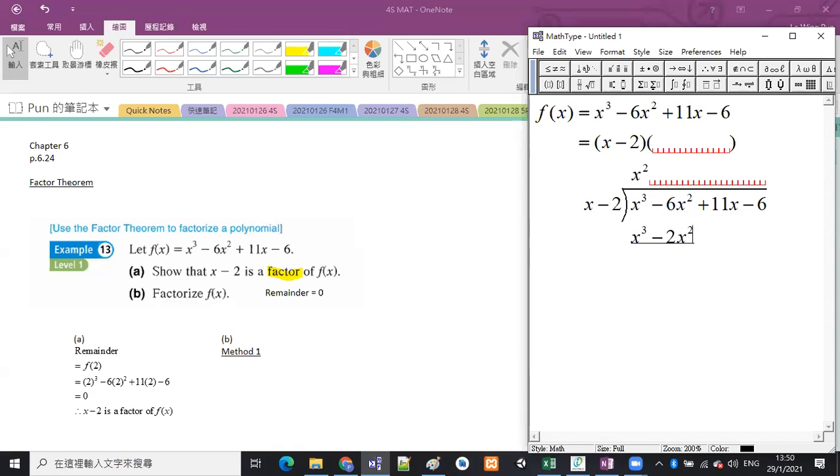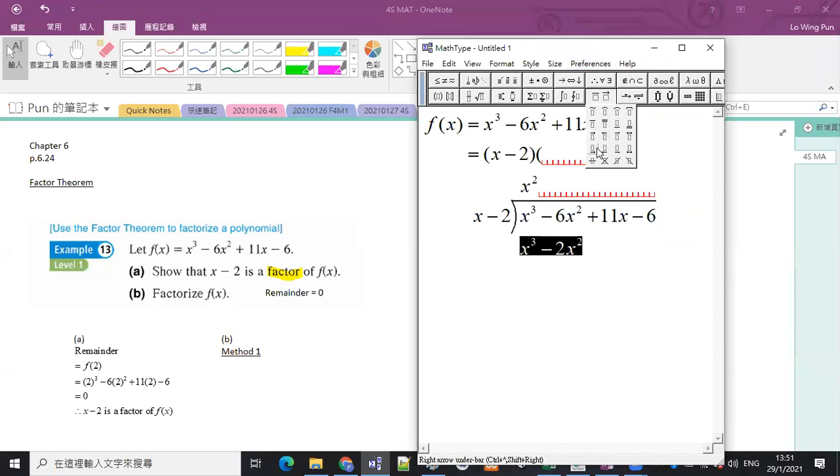Okay, 我哋定到第一個 term 係要乘 x 2次之後，就真係將個 x 2次乘俾個 divisor 嘅每一個 term， 即係 x 減2啦，係嘛？乘咗 x squared 俾佢啦，咁變咗 x cubed minus 2x squared. Okay, and this is the first round. First round completes, and then you just draw an underline, and then the next round.